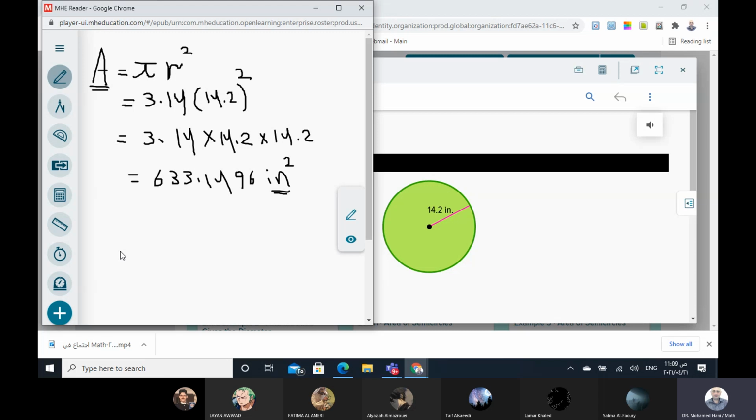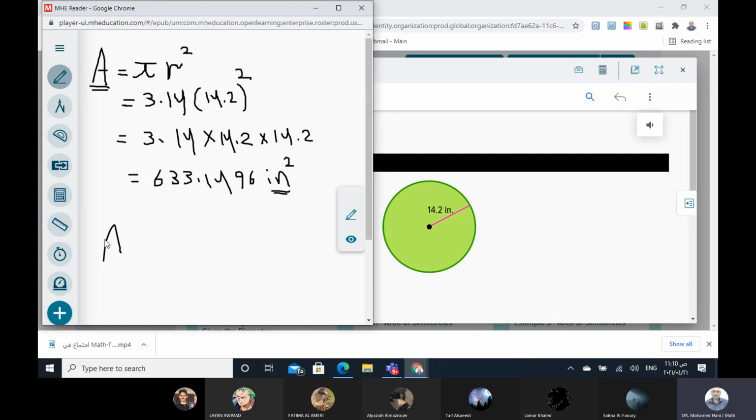Who has any question here? So Master, we use A equals pi R2 to find the area? Not R2, R squared or R exponent 2, yes. So this formula to find the area.